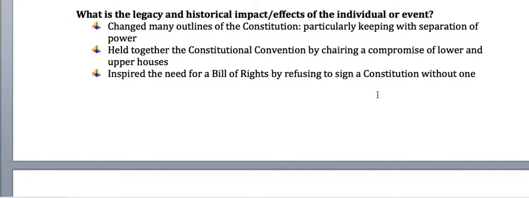Well, he changed many outlines of the Constitution, particularly keeping with the separation of powers. He actually got many specific rules changed in order to make sure that everything was kept safe and legitimate. He held together the Constitutional Convention by chairing a compromise of the lower and upper houses.